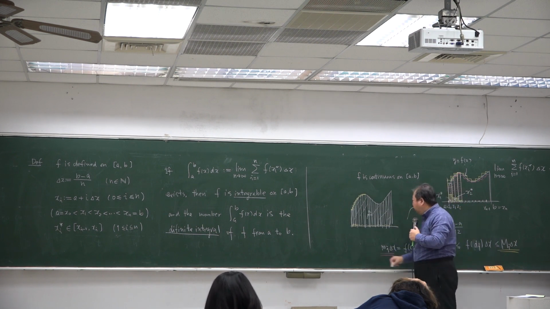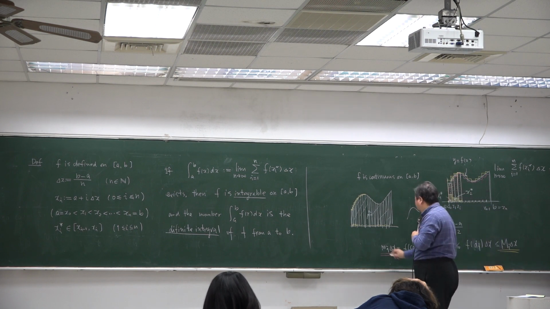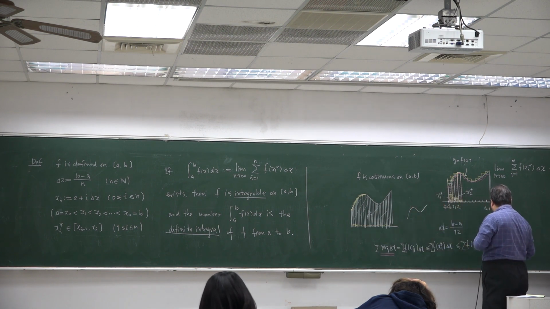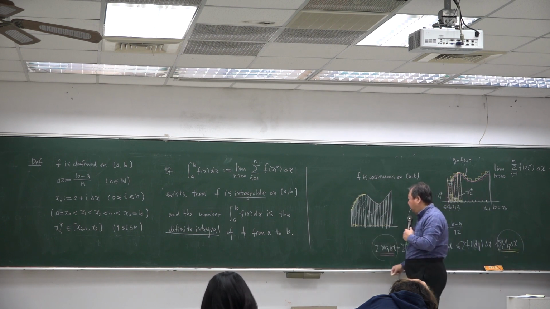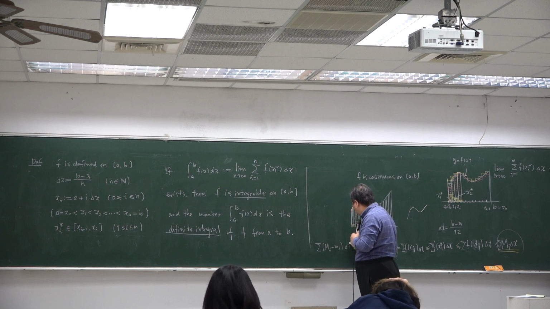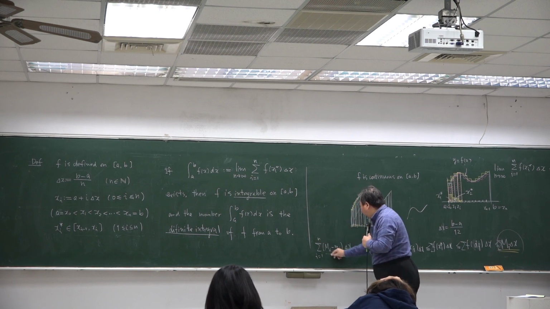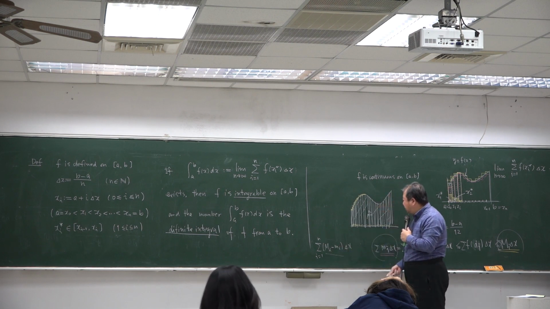The difference of this number and this number equals this. But if n is very large, then these two numbers are almost the same.